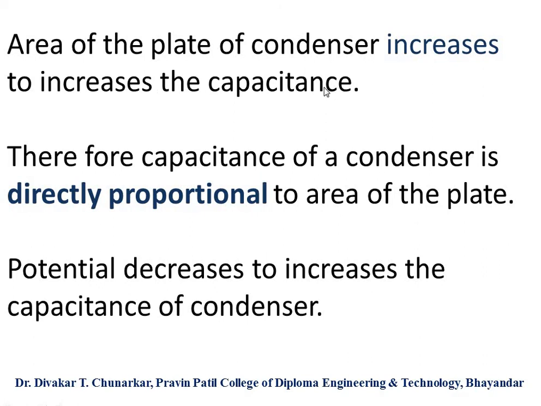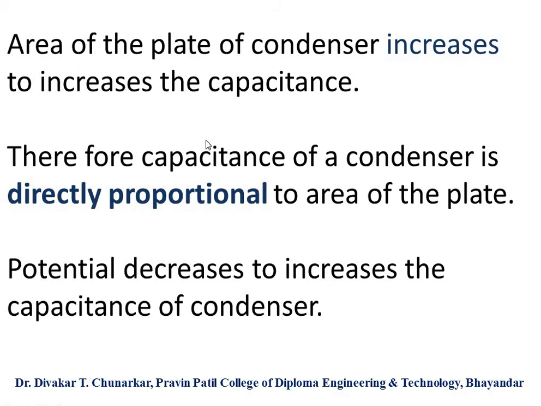Here a question arises: the area of the plate of the condenser blank to increase the capacitance. Our options: increases, decreases, both A and B, and none of these. So our answer is A, increases. So the area of the plate of the condenser increases to increase the capacitance.